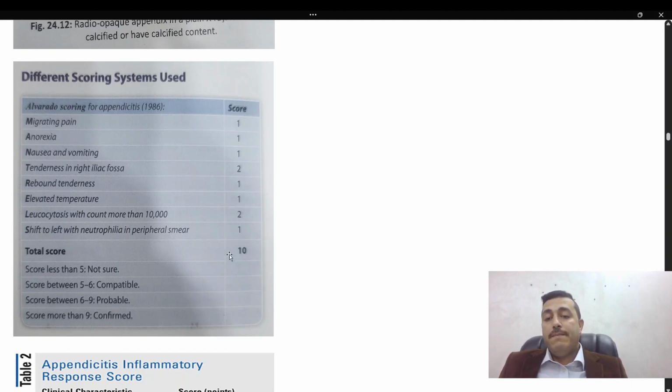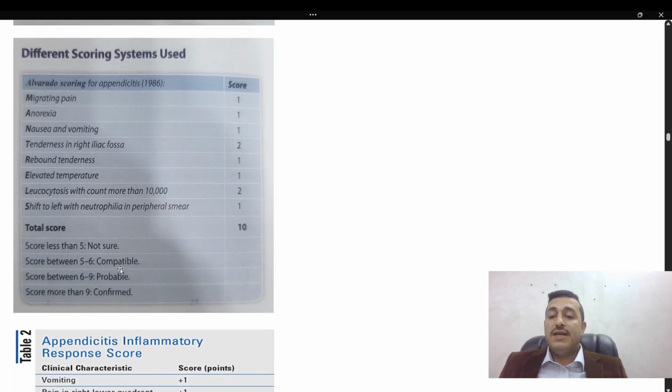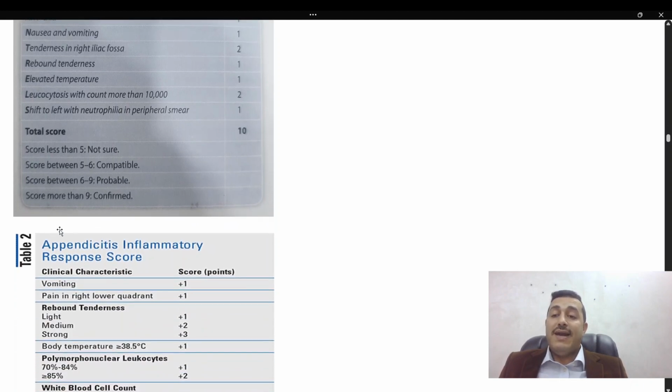These will make a score of 10. If we want to analyze it, if it is less than 5, we are not sure that this is appendicitis. If it's between 5 and 6, compatible. If it is between 7 and 9, probable. If it's more than 9, it's confirmed.